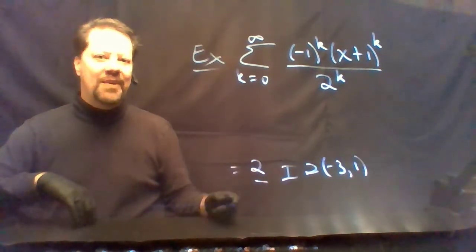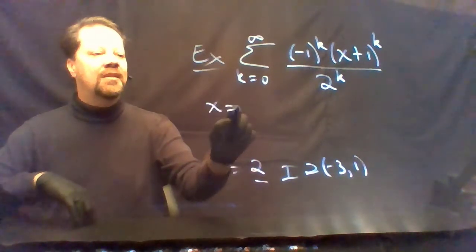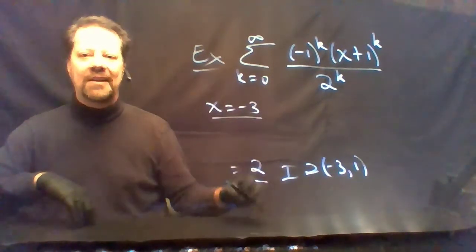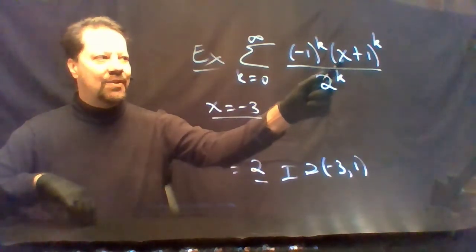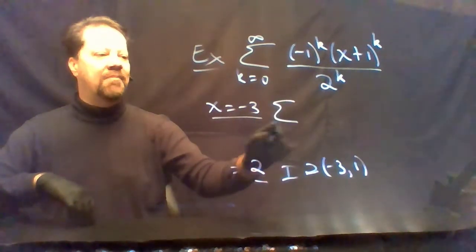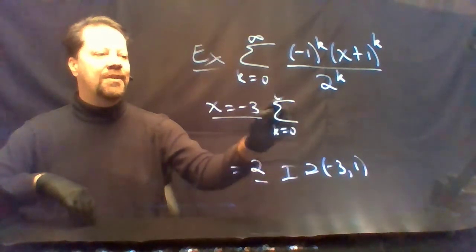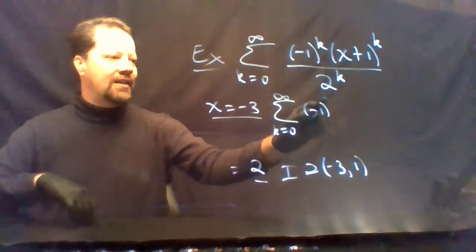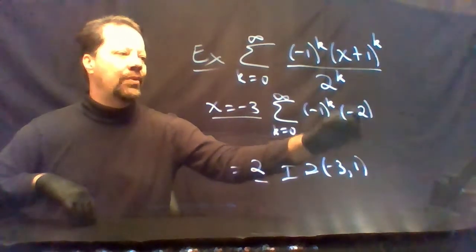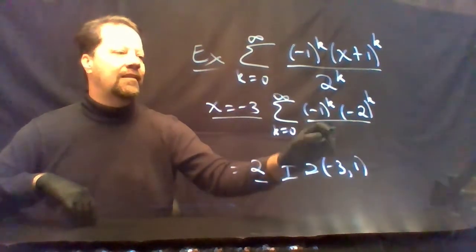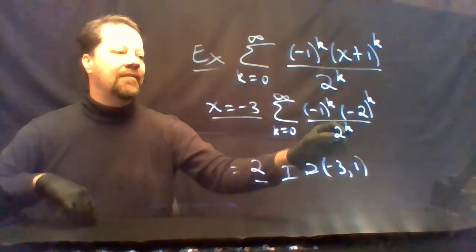Do you see why we did a whole chapter on series before talking about power series? At x equals -3, we'll have the sum as k goes from 0 to infinity. Yes, we have -1 to the k. Here we'll have -2 to the k divided by 2 to the k.